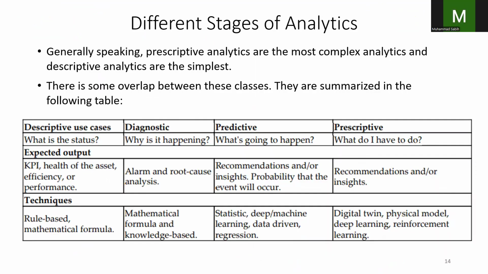Okay, so now we will discuss a summary about these four different stages of analytics using this comparative table. In terms of complexity, descriptive analytics is the simplest one, while prescriptive analytics is the more advanced, requiring more data and computation power.